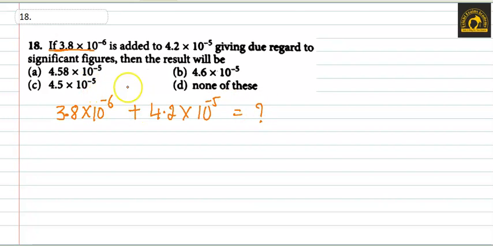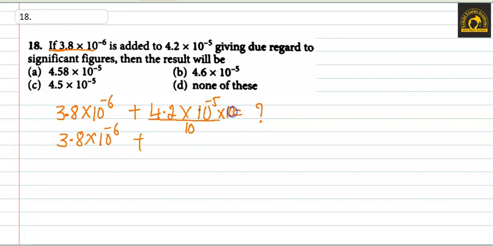So this is 10 to the power of minus 5 and this is 10 to the power of minus 6. You have to convert 3.8 into 10 to the power of minus 6. To convert, 10 to the power of minus 6 is divided by 10 and multiplied with 10.